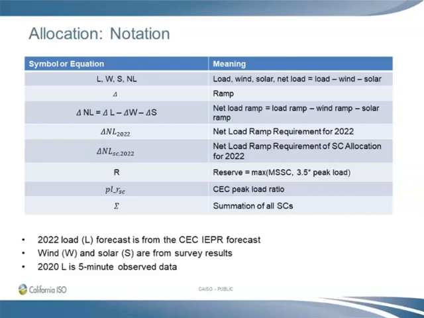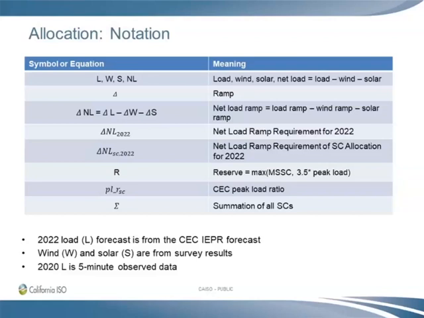So we have delta NL 2022, delta L, delta W, and delta S, all for 2022. That's the pies I'm going to start with to allocate.